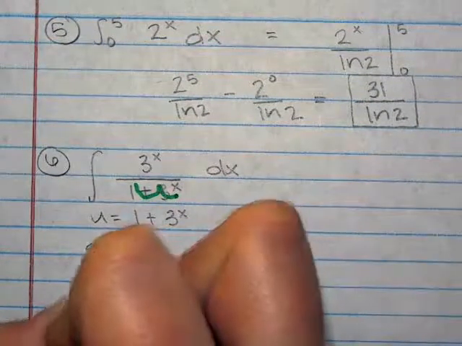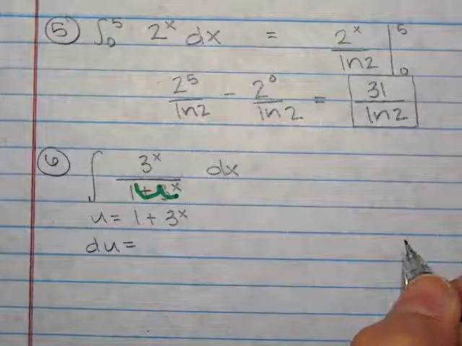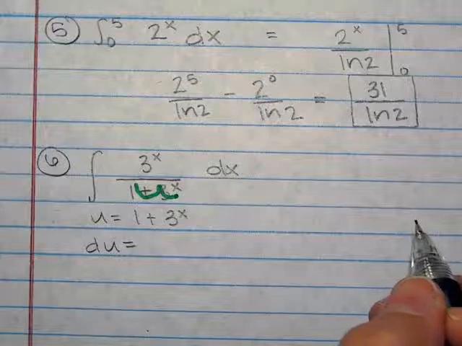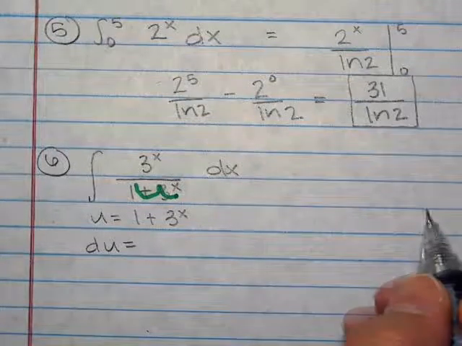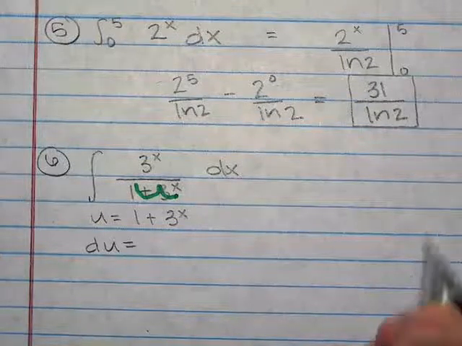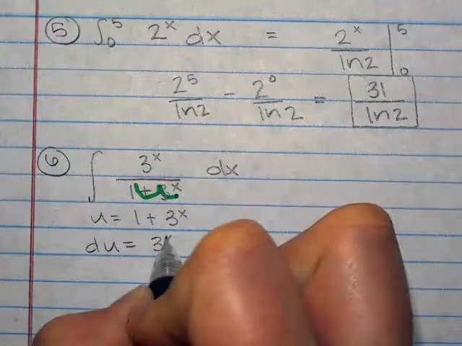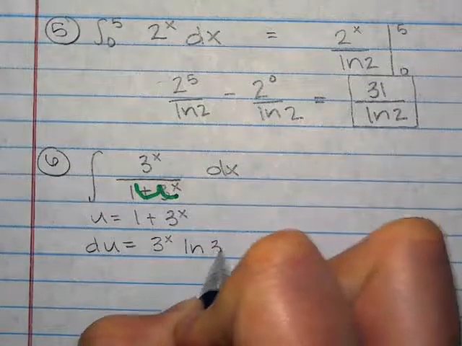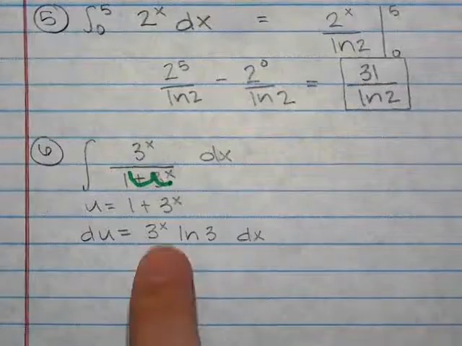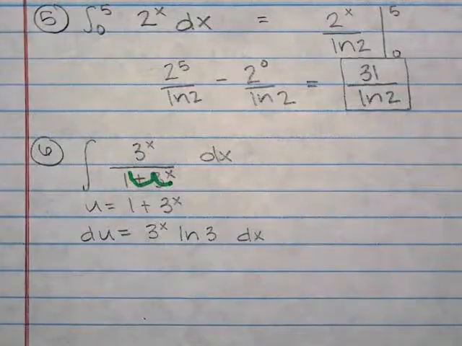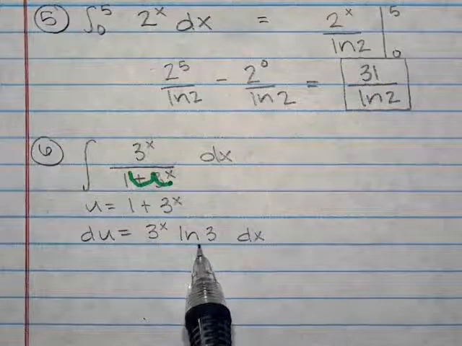And then that means the derivative of U, so we're going to take our yellow sheet, flip it back over. The derivative of U is what? 3 to the x ln 3 dx, okay. And in the problem, we do have a 3 to the x, but we don't have the ln 3.